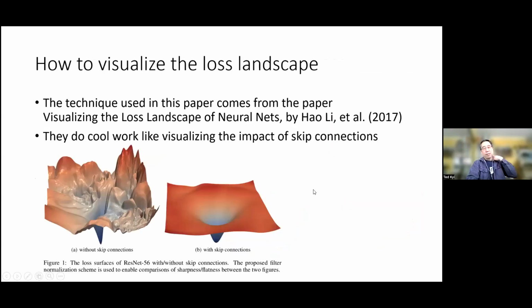In terms of visualizing the loss landscape, this is a paper. I don't know if you guys have seen this, pretty well known. It's called Visualizing the Loss Landscape of Neural Nets, and it came out in 2017. They do very cool work. This is an example of a CNN with no skip connections, and on the right, this is a ResNet that has skip connections.